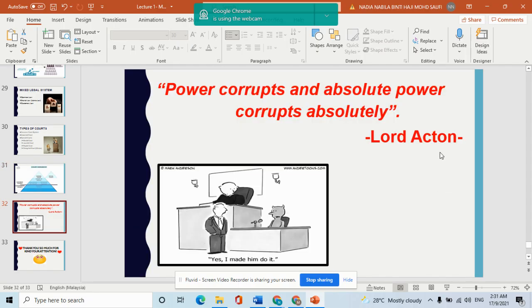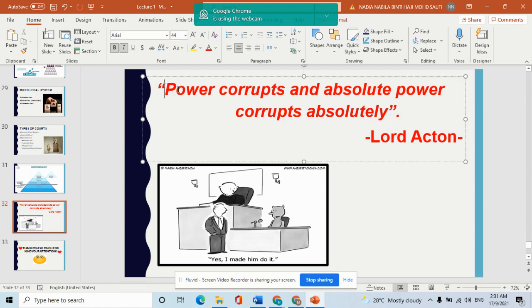I would like to end my lecture with a quote from Lord Acton: power corrupts, and absolute power corrupts absolutely. Power itself is already a very corrupting thing. Power itself is a very bad thing and can turn a person very evil.